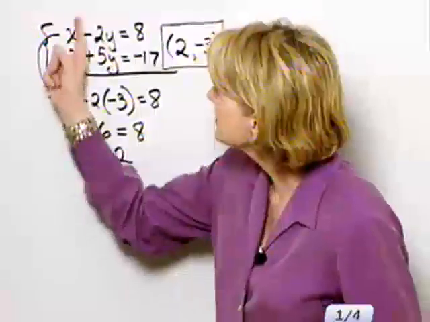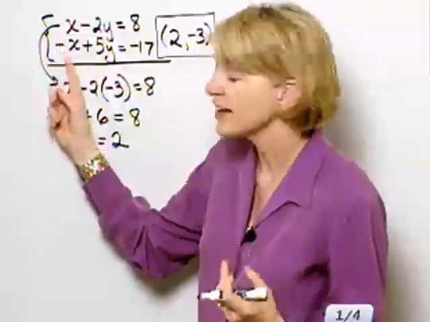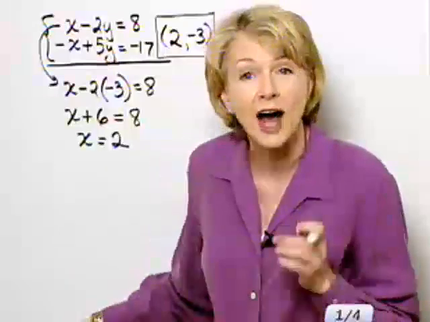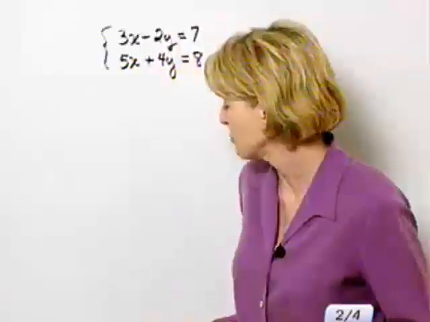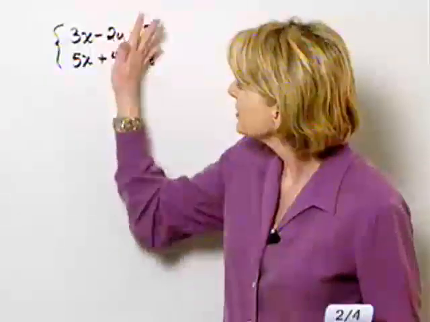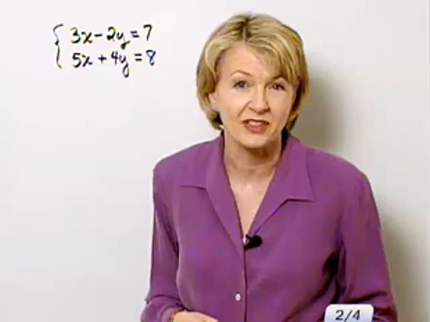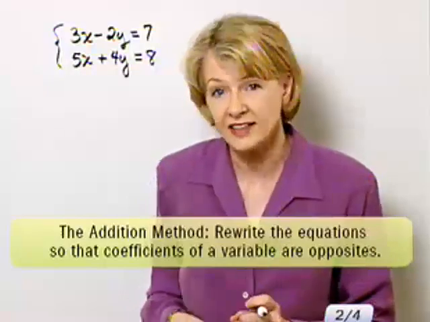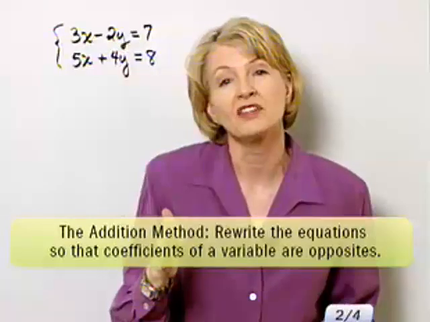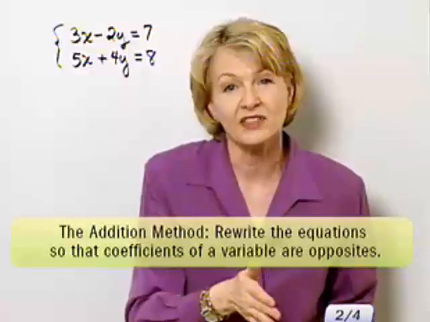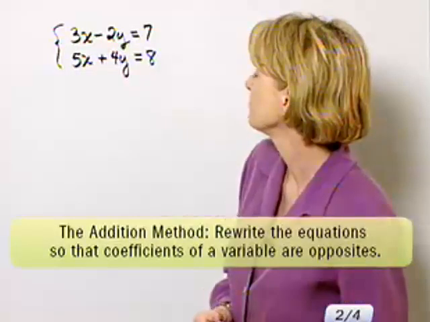Now, of course, this doesn't always happen so that the coefficients of the x's or the y's are opposites of each other. But we can force that to happen. Let's look at this system of linear equations in two variables. I'd like to rewrite these equations so that we have equivalent equations, but either the coefficients of the x's or the coefficients of the y's are opposites of each other.